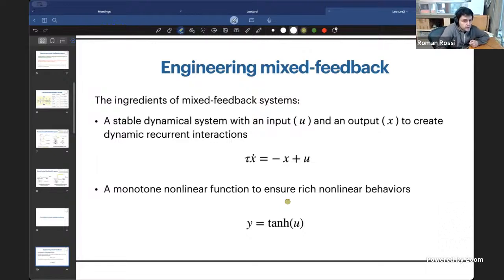And now, after talking with you and reading a little of your work about mixed feedback, I realized that it is probably useful for the brain to have different kinds of mixed feedback.